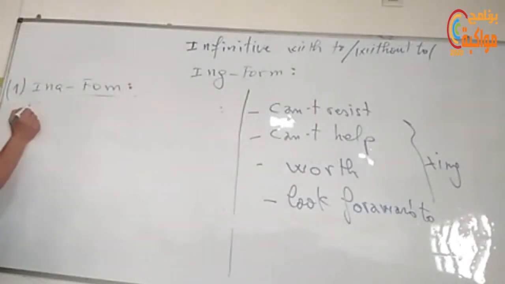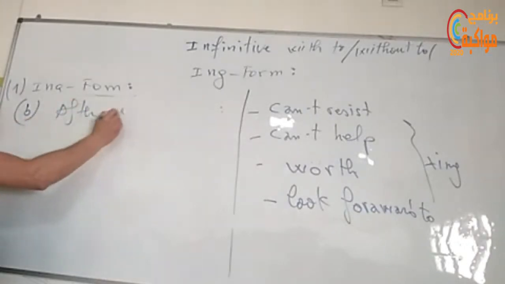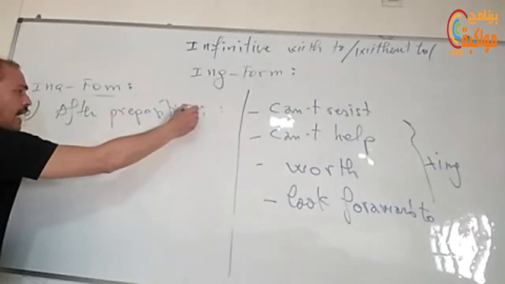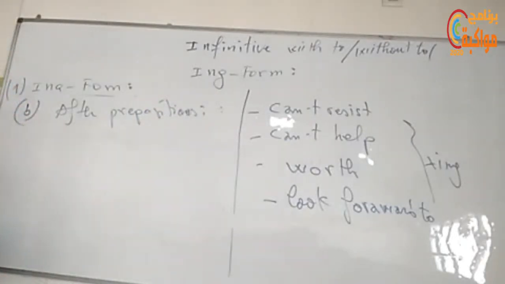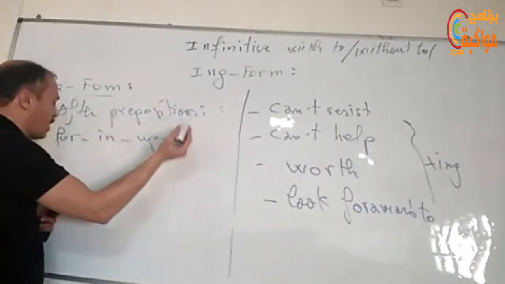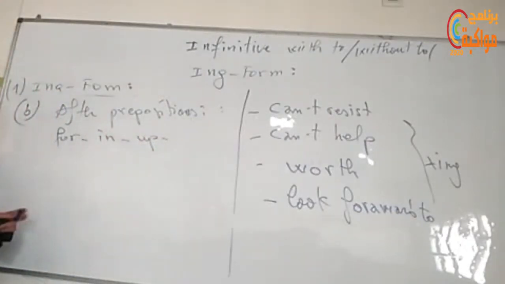So the second use of the ing form is after prepositions. You have a question: what is a preposition? You know them. For example, here we have for, in, up, and also phrasal verbs. Once you have a preposition followed by a verb, this verb should be put into the ing form.